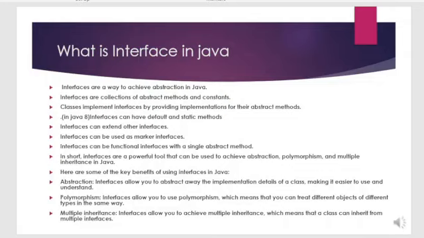In short, interfaces are a powerful tool that can be used to achieve abstraction, polymorphism, and multiple inheritance. If you go with a class, you cannot create polymorphism using the class.